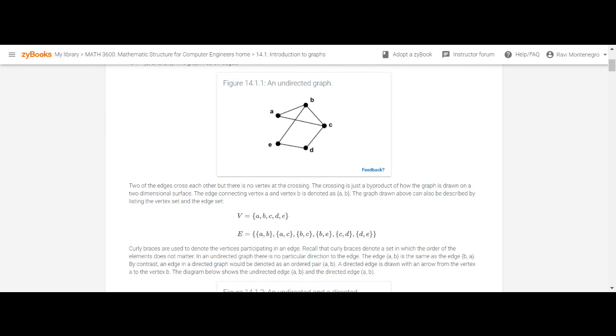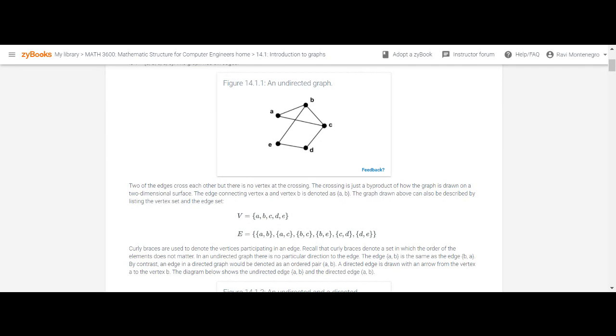Now, one thing to notice here is that the edges were written using curly brackets. We've seen curly brackets before. You use those for sets. So what this means is that the order doesn't matter. In a set, the order didn't matter. And in an edge that is not an arrow, the order doesn't matter. We also saw something before where order mattered, and that was the Cartesian product.